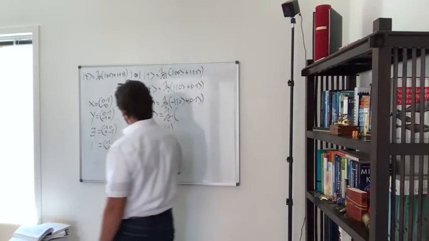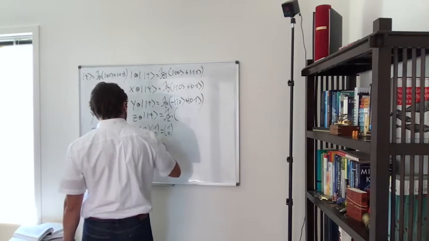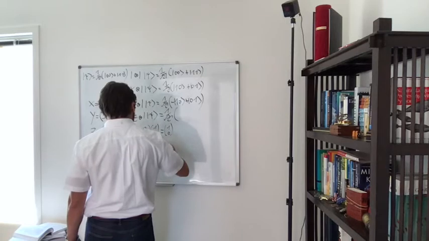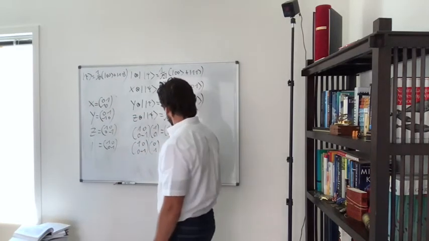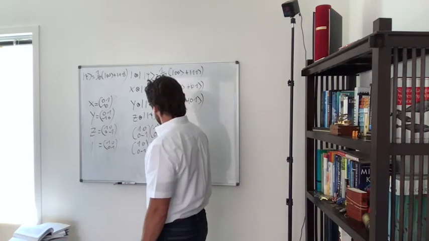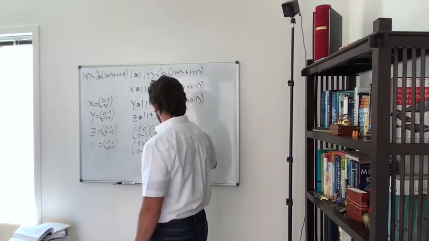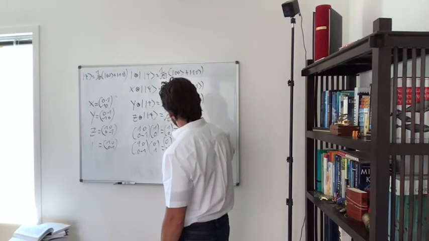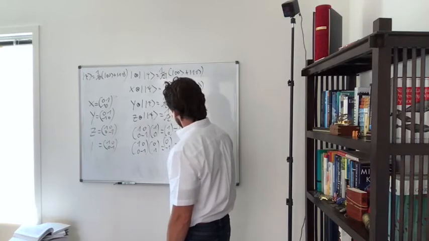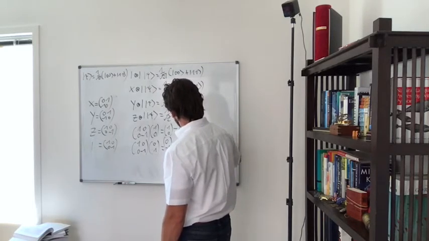But then if we apply it to state 1, 1 times 0 plus 0 times 1, 0 times 0 plus minus 1 times 1. That means this one here remains 0, that remains 1, but it becomes minus 1.